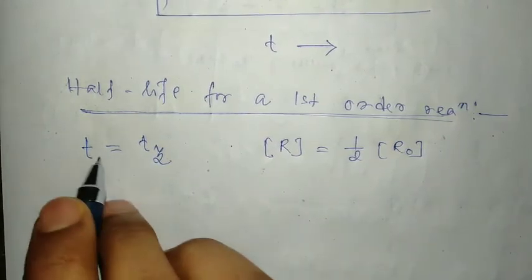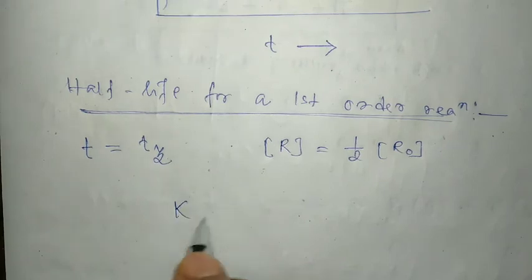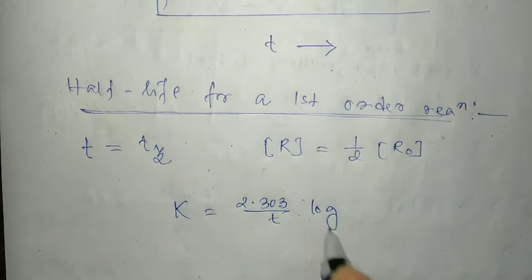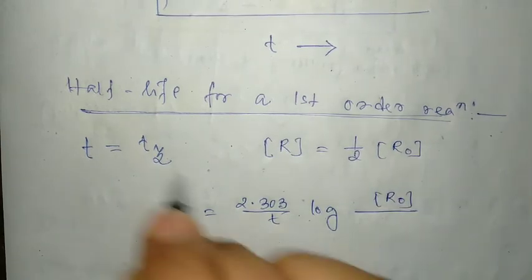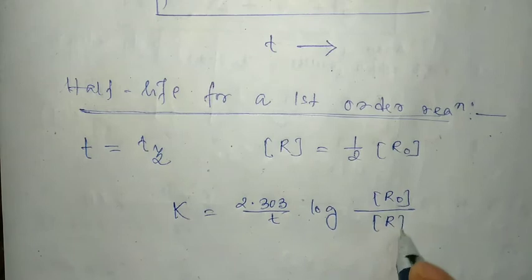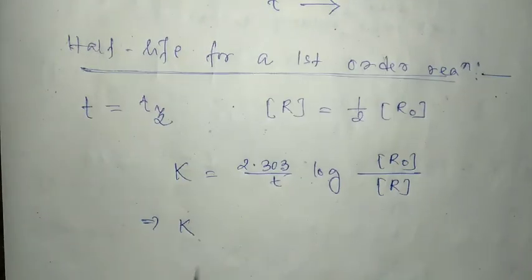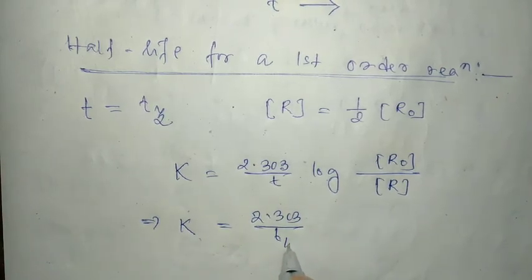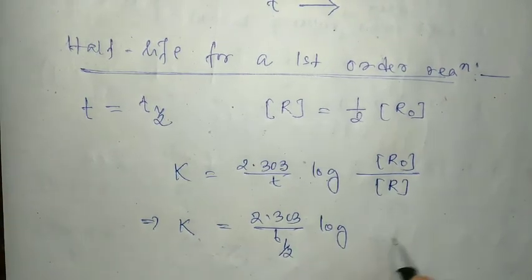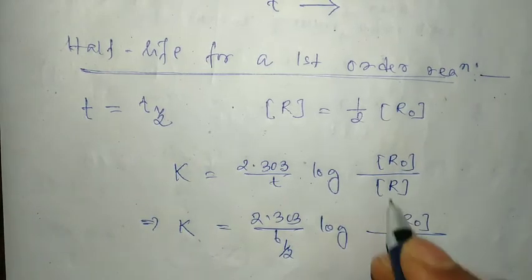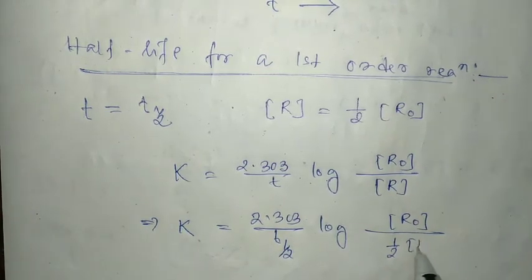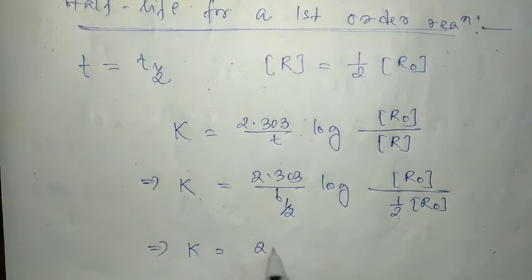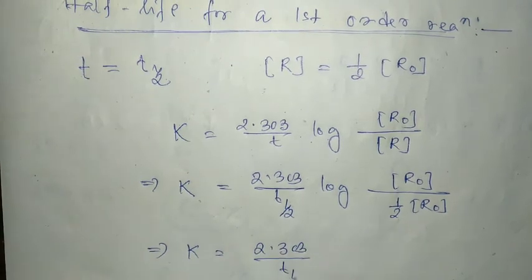By applying this condition to the integrated rate equation for the first order reaction, we get k equal to 2.303 divided by t half, log of initial concentration of the reactant R naught over the concentration of the reactant, which is half of R naught. Then R naught cancels.